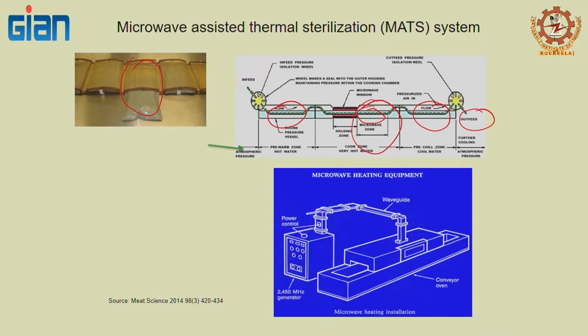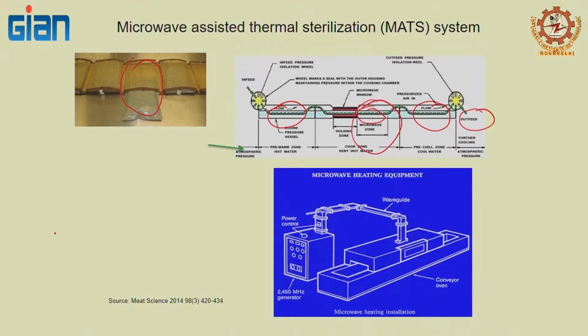So there are two types of heat transfer happening. One, the product receives microwave, and you have volumetric heating. The second, the water where the product is suspended receives some heat treatment through microwave, and that raises the temperature, and that heat is also transferred into the product.